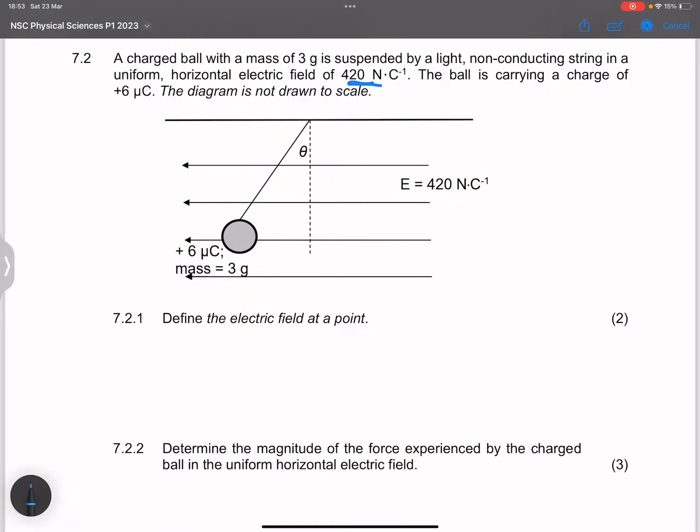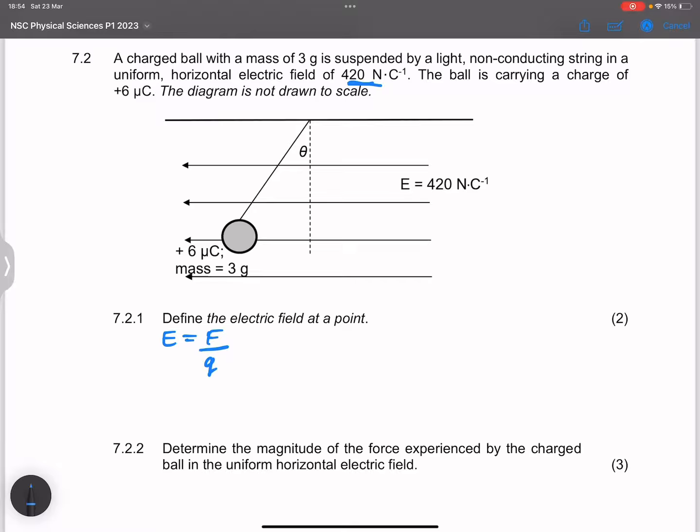Now firstly they say define electric field at a point. Now remember, we say that electric field is the force per unit charge. Or in this case you can say that it is the area in which electrostatic force can be felt per unit charge.